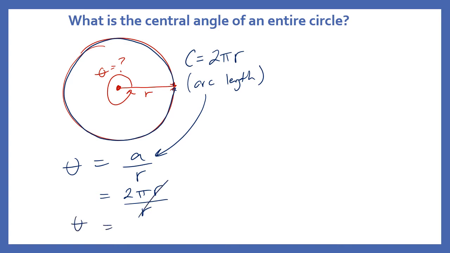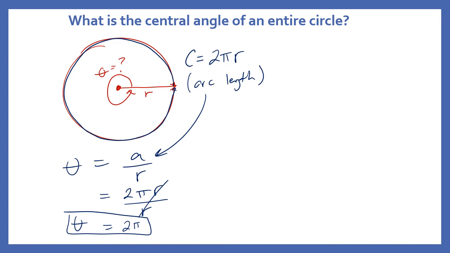Theta equals 2 pi. Radians and pi kind of become synonymous, but they're not the same thing, and you're going to have to make that very clear as we move forward through this unit and the next unit. Pi is not the same thing as radians.